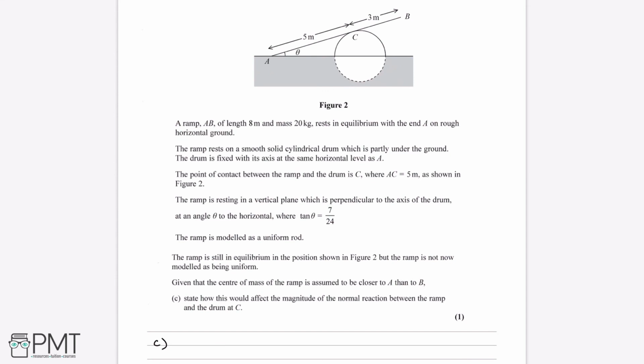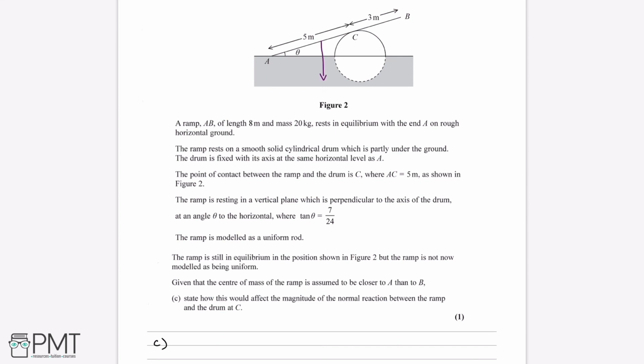So we're now told the ramp is still in equilibrium in the position shown in figure 2, but the ramp is not now modelled as being uniform. Given that the centre of mass of the ramp is assumed to be closer to A than to B, Part C asks us to state how this would affect the magnitude of the normal reaction between the ramp and the drum at C. So first of all, if we were to draw the centre of mass closer to A than B on the diagram, it would look something like here, for example.